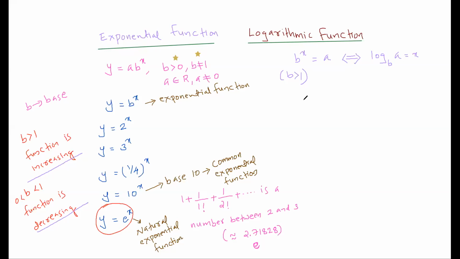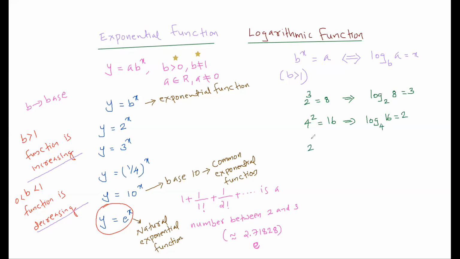That's a definition. It is defined like 2 to the power 3 is equal to 8. So we can say logarithm of 8 to the base 2 is equal to 3. That's the definition. Similarly, 4 to the power 2 is equal to 16. So we can say logarithm of 16 with base 4 is equal to 2.